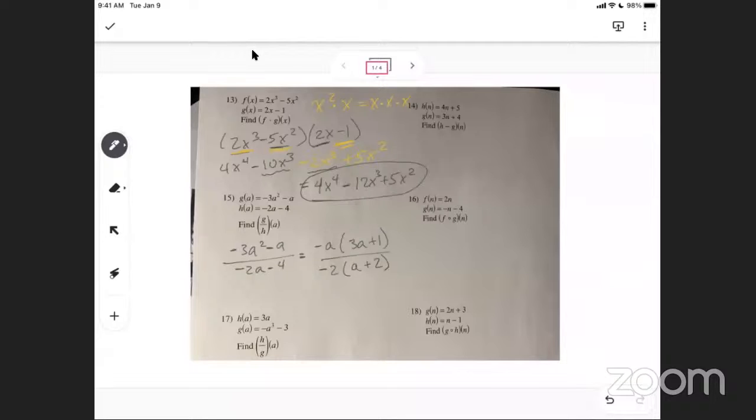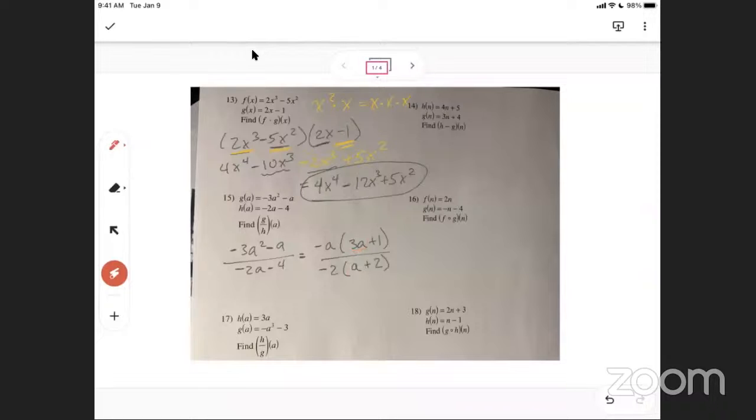First of all, it looks better to have them factored like that. But now what can I cancel out? The 3a and the a? No, those won't cancel out because these are terms inside factors.